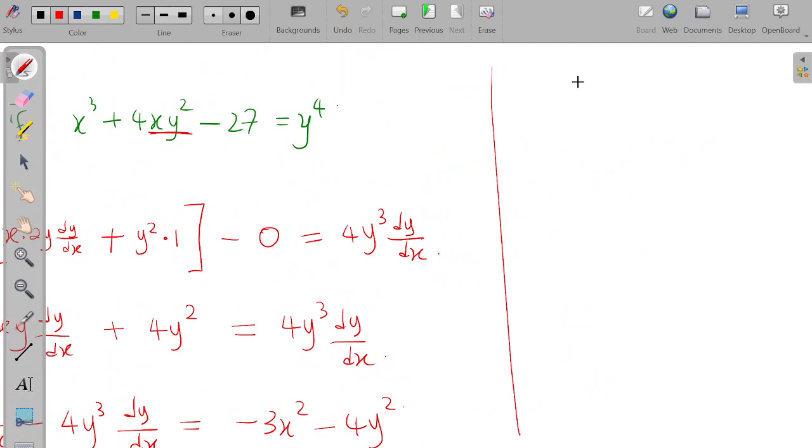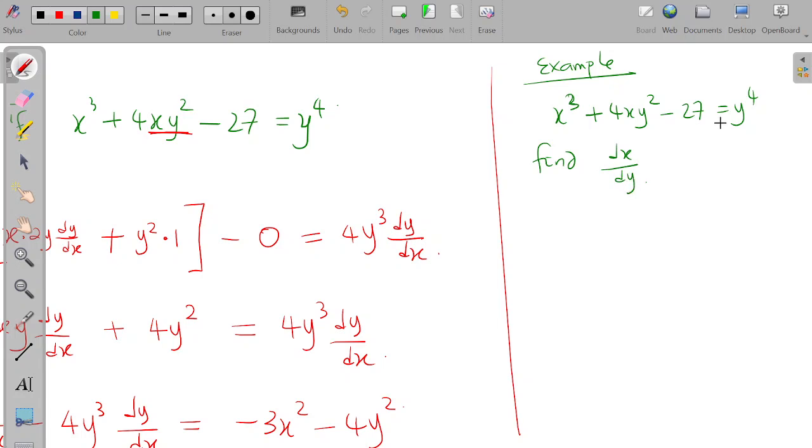This is another example, taking the same equation. I want you to find dx over dy. That means x is a function of y.